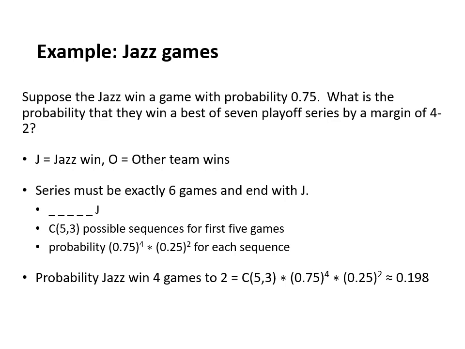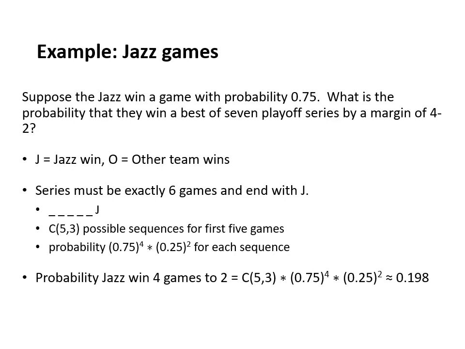Let's denote with J a Jazz win, and with O other teams win. So this series must be exactly 6 games, and it has to end with a J. Of course, the series always ends with the team that wins the whole series winning the last game.